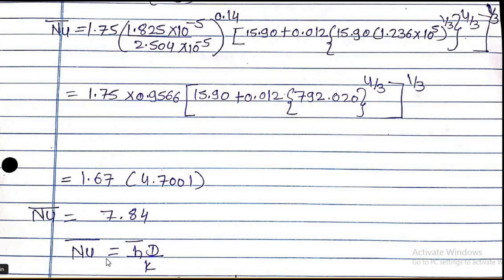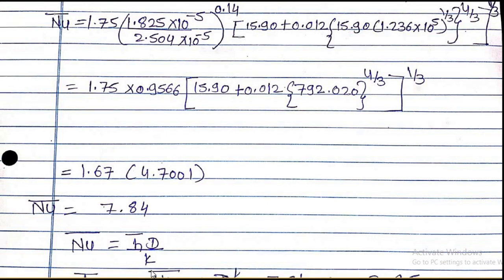We know that the Nusselt number is equal to h D divided by K. Here h bar is the average heat transfer coefficient, D is the diameter of the cylinder, as we are considering it as the characteristic dimension for the cylinder, and K is the thermal conductivity. The Nusselt number, the diameter of the tube and the thermal conductivity are known, so we can easily find the average heat transfer coefficient.